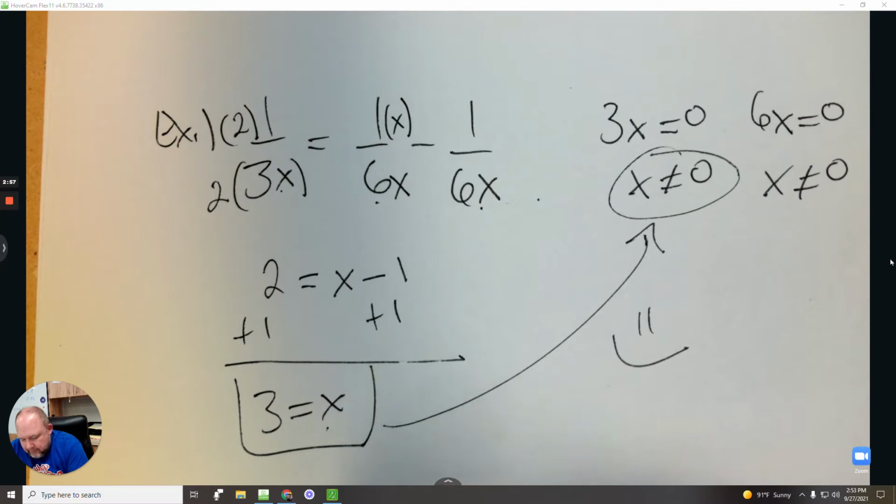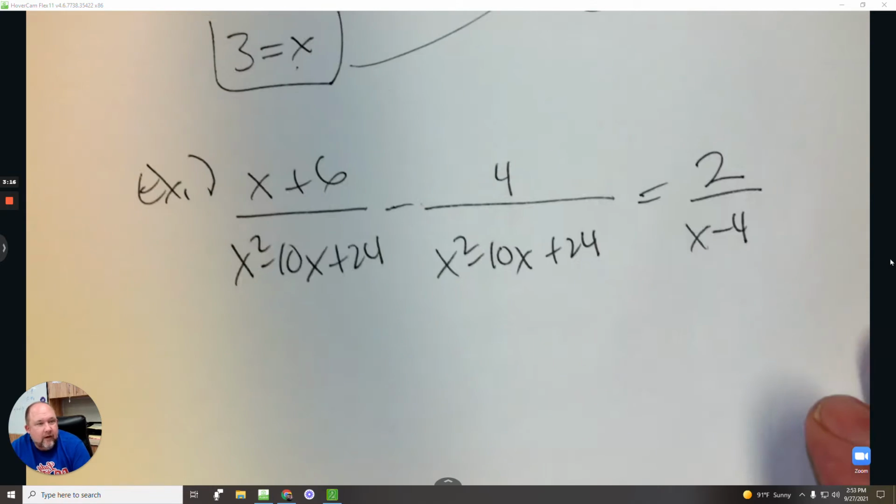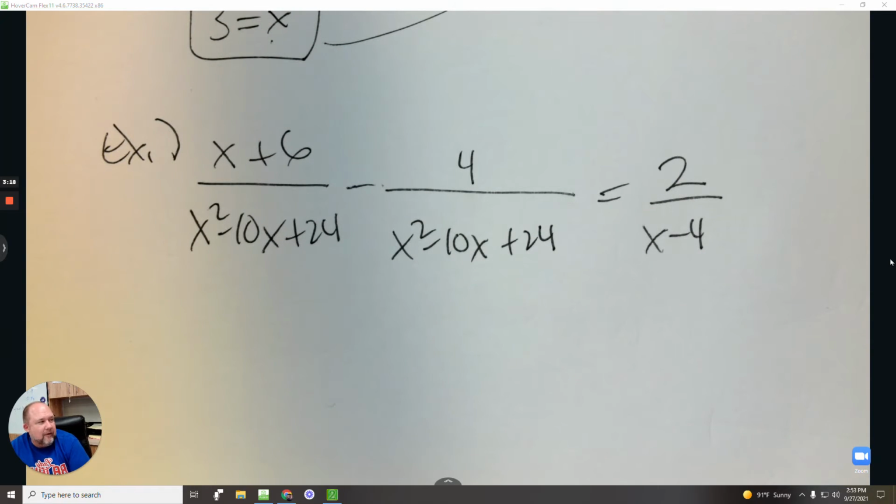This one will be a little bit more complicated, but not bad. All right, so if you need to, you can press pause and write that down, and we're going to do it together.